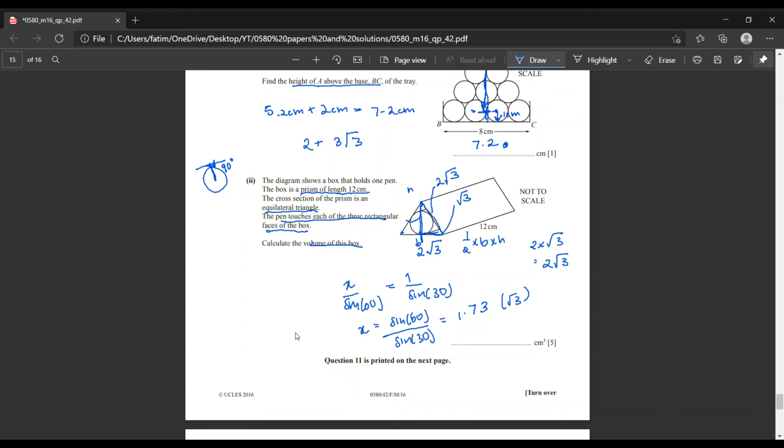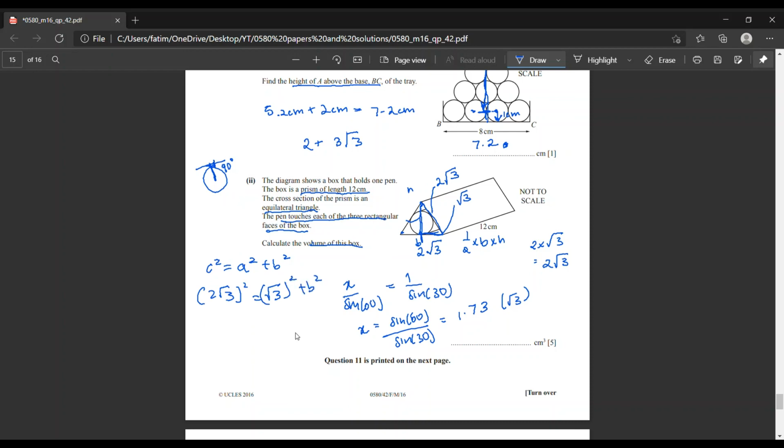so our triangle over here, this hypotenuse, or C, from C squared is equal to A squared plus B squared. C squared over here is 2 root 3 square. That's equal to, what is the A over here? Root 3 square plus B square.